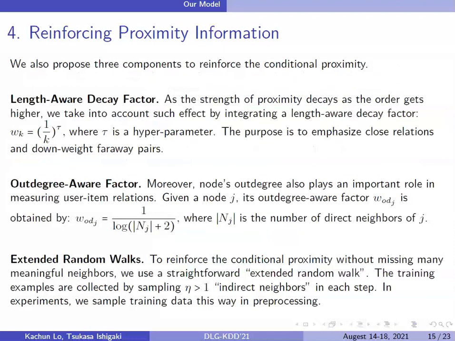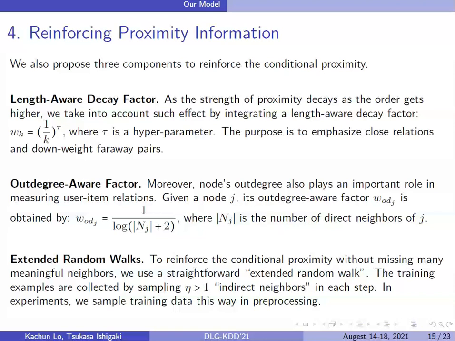After we have the equation for computing proximity, we also propose three components to reinforce such proximity during training, which is quite common in graph-based models. The first is called a length-aware decay factor, which simply says the strength of proximity decays as the order gets higher.